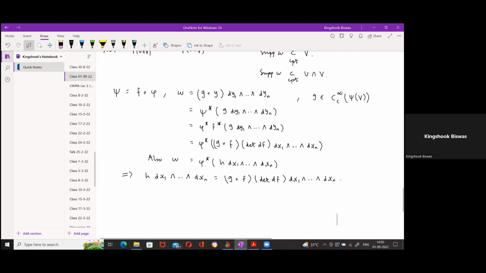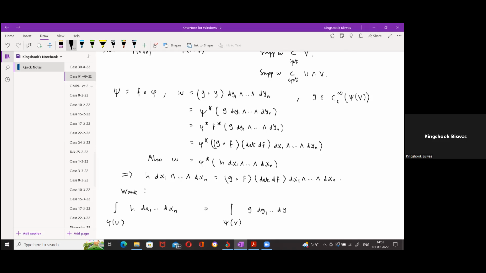So now we want, therefore, the integral over phi of U of h dx1 dxn to be the same as the integral over psi of V of g dy1 dyn, right?